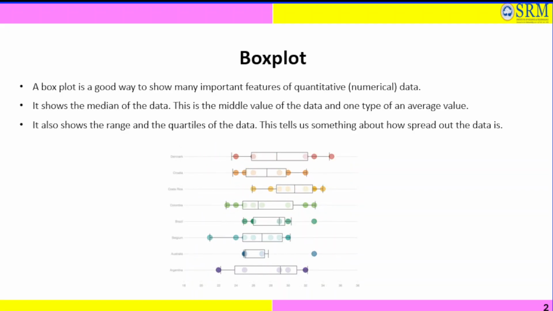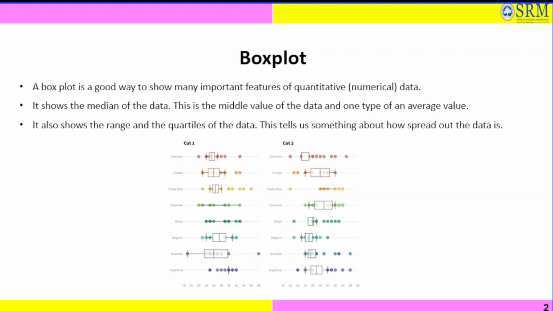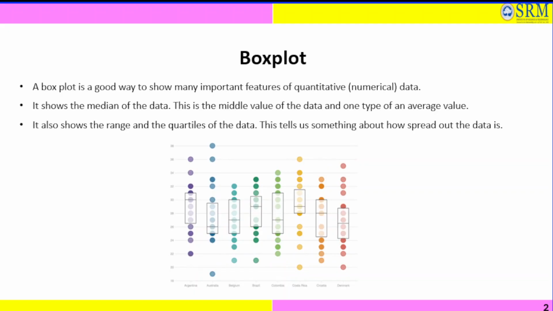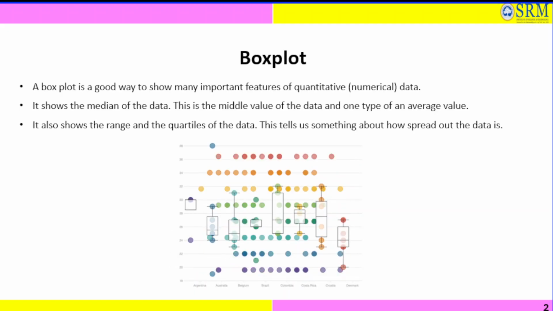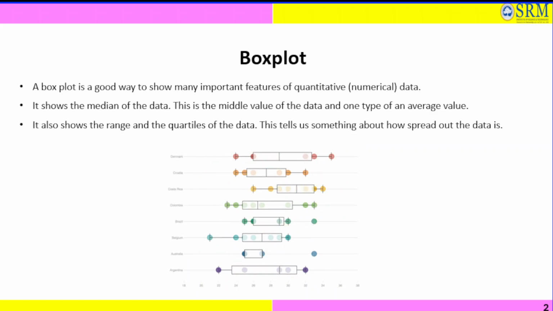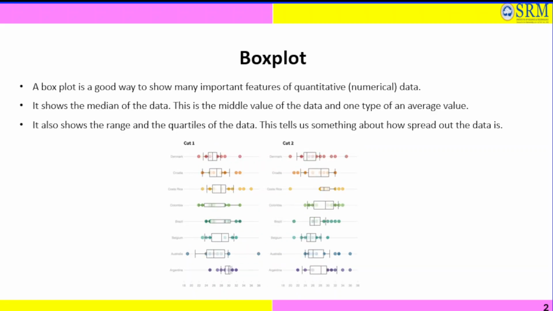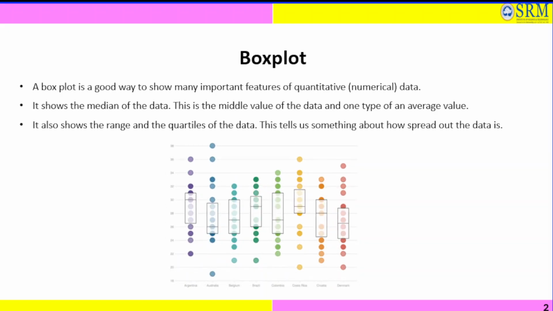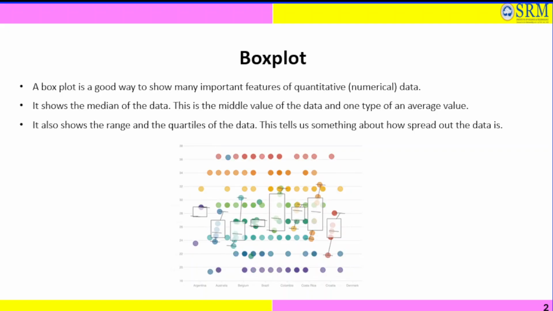Using this information, it reveals the spread or dispersion of the data, indicating how widely the values are distributed. Finally, we can summarize that box plots offer a valuable visualization technique for understanding the central tendency, spread, and overall distribution of numerical data.